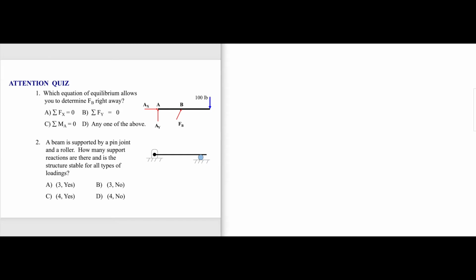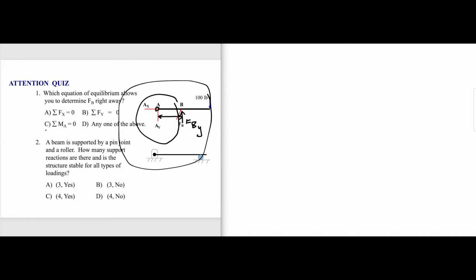The best thing would be to take moments with respect to A. Then you can take the Y component of FB, so FB in the Y direction, times the perpendicular distance from A, and that is going counterclockwise, so positive. 100 times some other distance is negative.